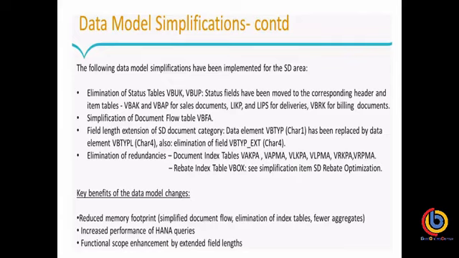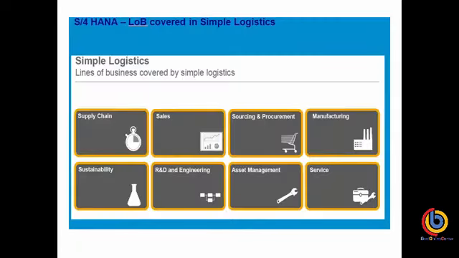Basically, LOB is line of business. What kinds of data and modules have been simplified till now? In S/4HANA, supply chain has been simplified. We will talk about manufacturing during our regular classes, and about the simplification done in sales, then sourcing and procurement, and manufacturing.